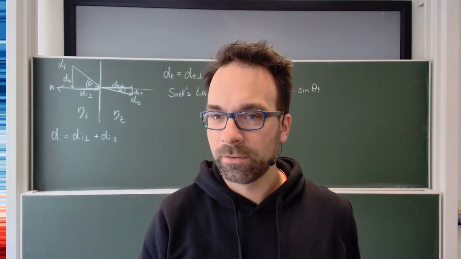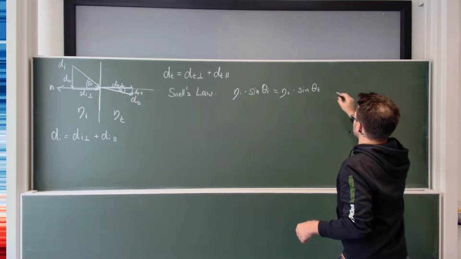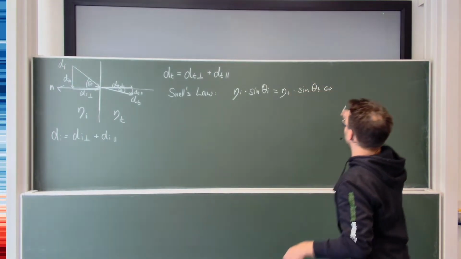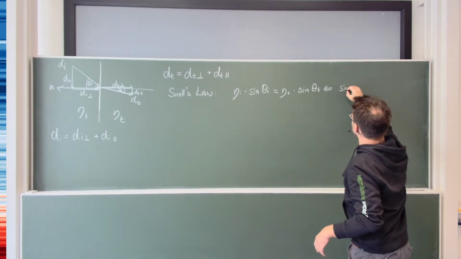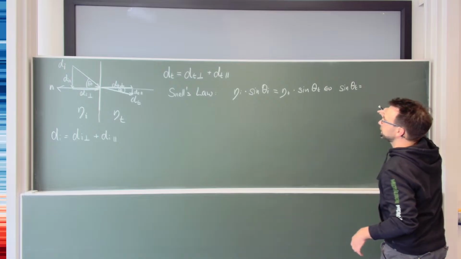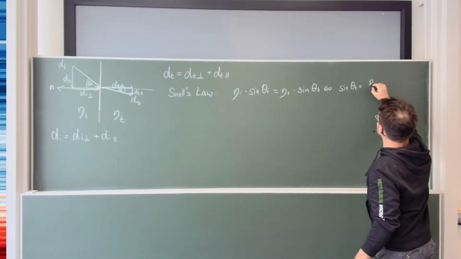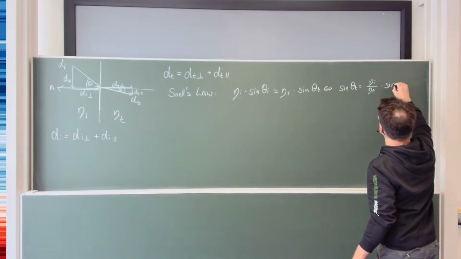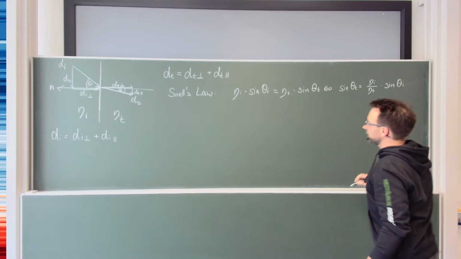Okay? Just rearrange it in order to come up with the sine on the transmission side. That is eta i over eta t times sine theta i.